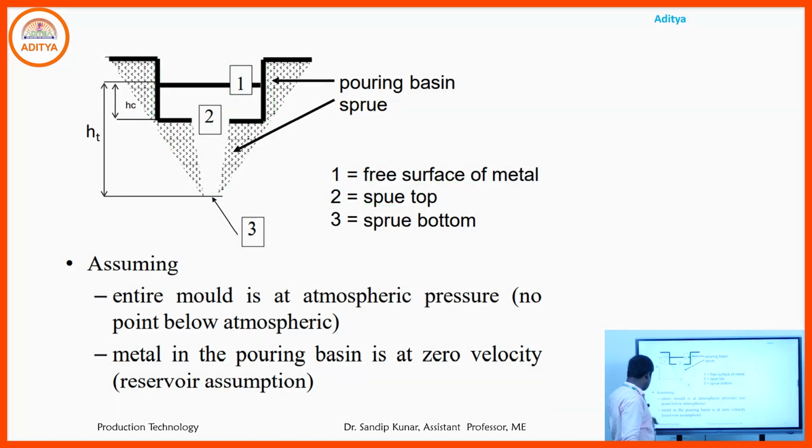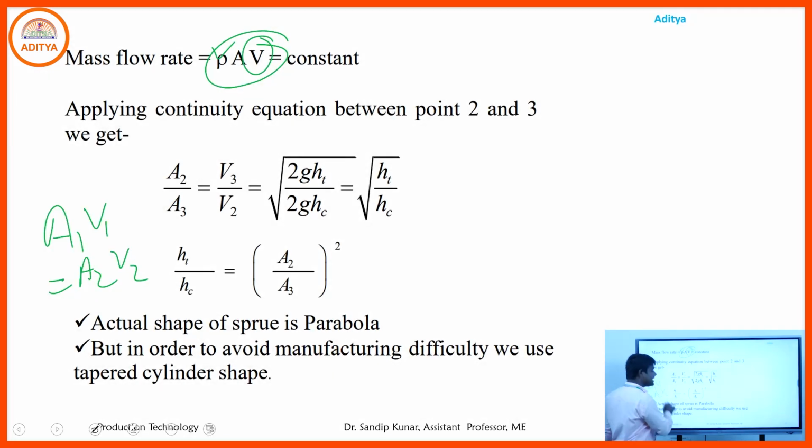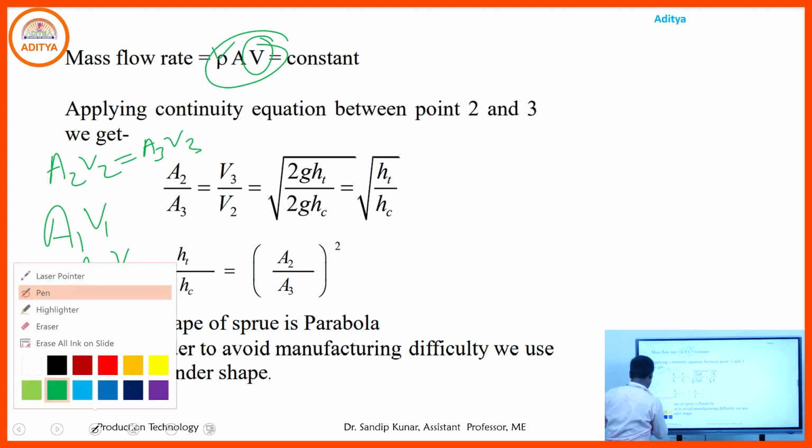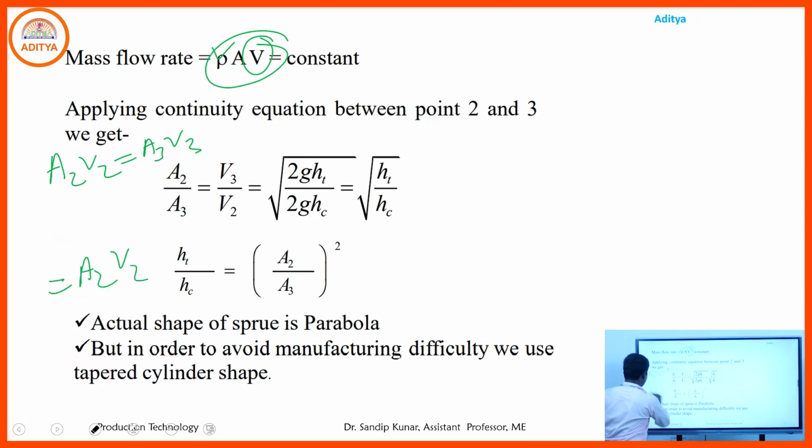Based on that picture, we can write the continuity equation A2 V2 equals A3 V3. Using that equation, we can write A2 by A3 equals V3 by V2.